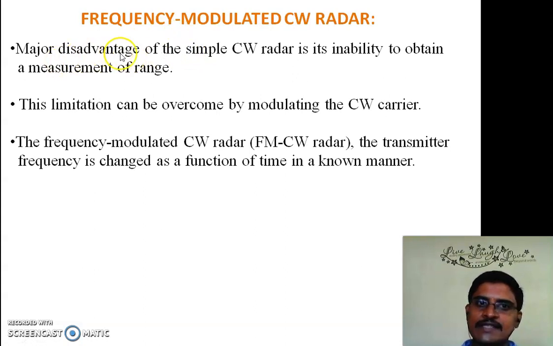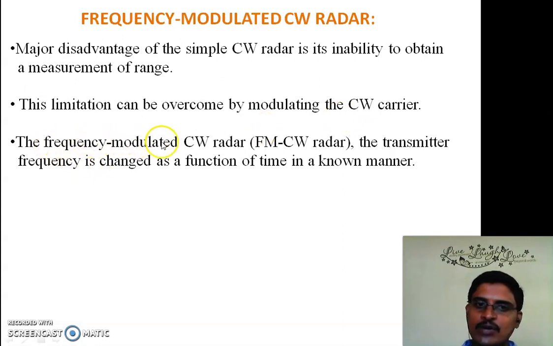The major disadvantage of the simple CW radar is its inability to obtain measurement of range. That is the main drawback. This limitation can be overcome by modulating the CW carrier, the continuous wave carrier.